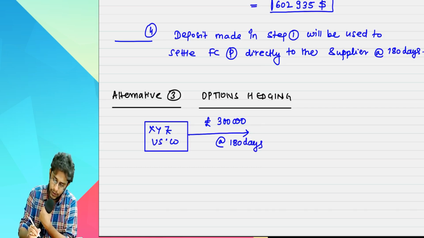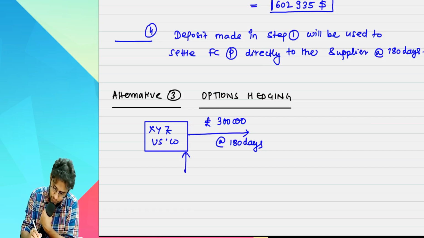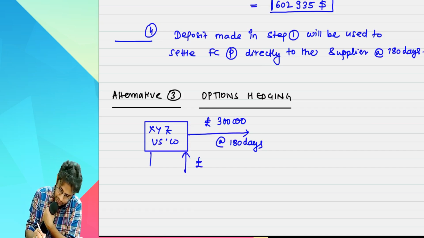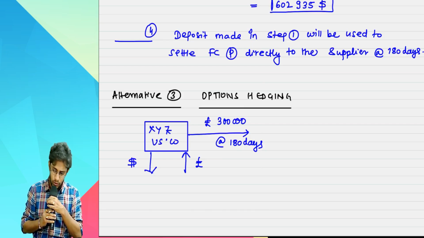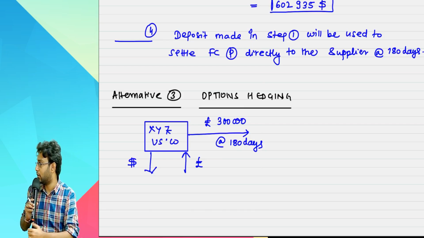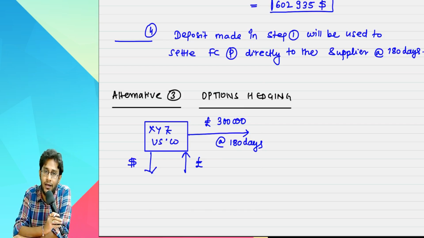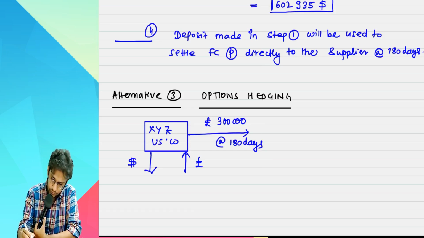So if you have a pound payable, you will have to buy pounds at 6 months time by giving dollars. So in future you are going to buy pound, sell dollar. Risk is the pound buying rate may increase, the dollar selling rate may decrease. So that will give you 2 routes of hedging.